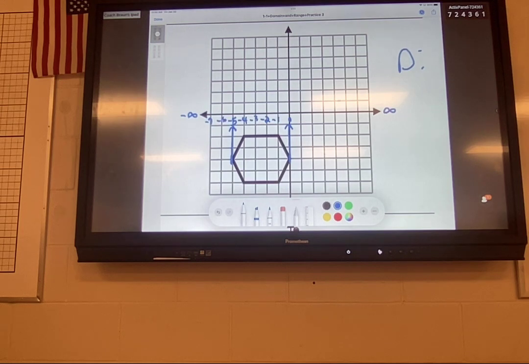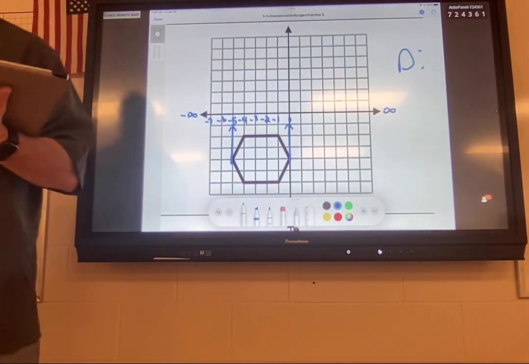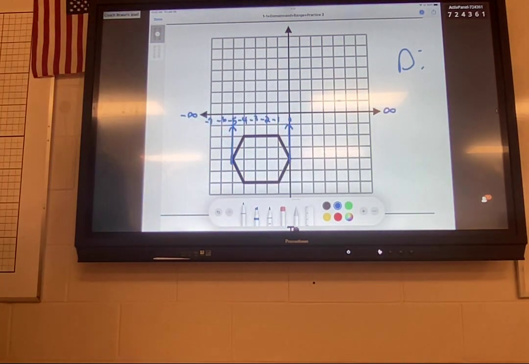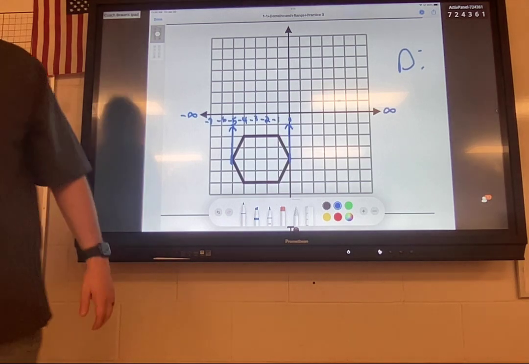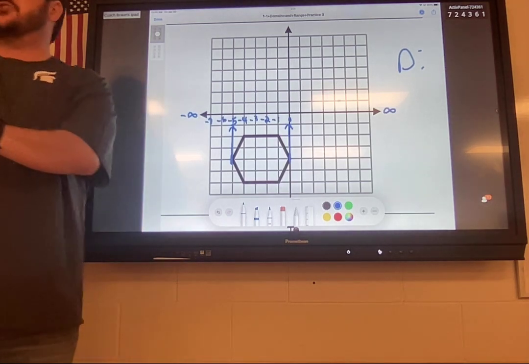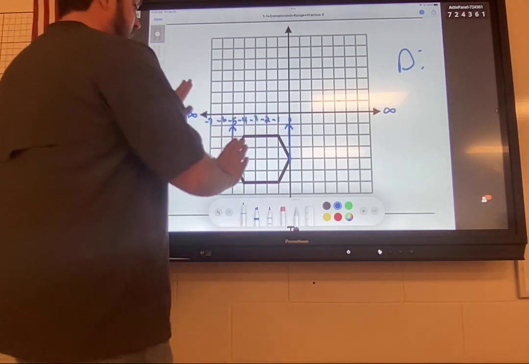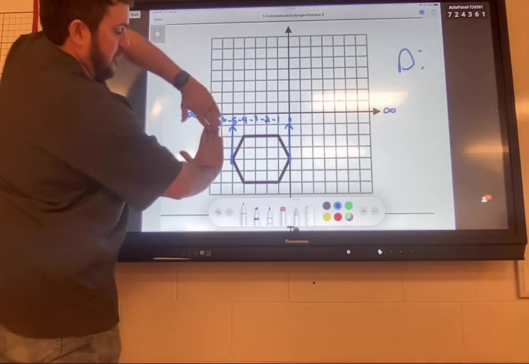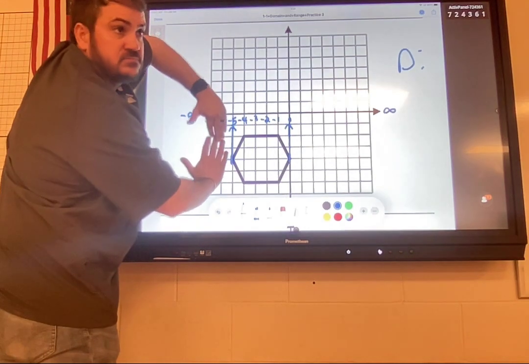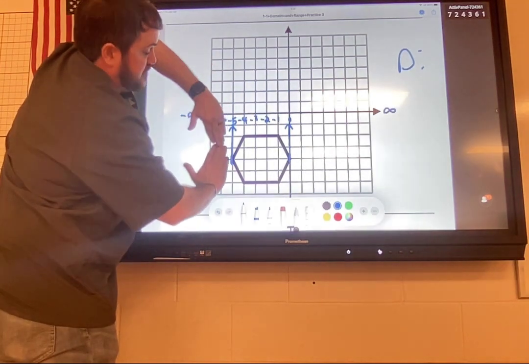Guys, and if it helps to draw those arrows like I was doing. I'm probably being too honest here. Guys, I've had some really low classes when I've taught this lesson. I'm just being honest. I'm not talking about right now. I'm talking about in the past. What I've had to do some semesters is give them sticky notes and literally put a sticky note over here blocking off everything past the shape or the image to the left.